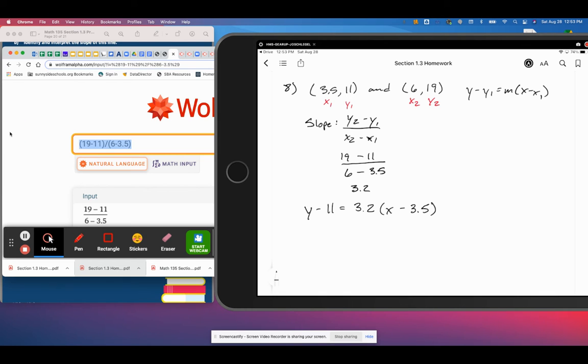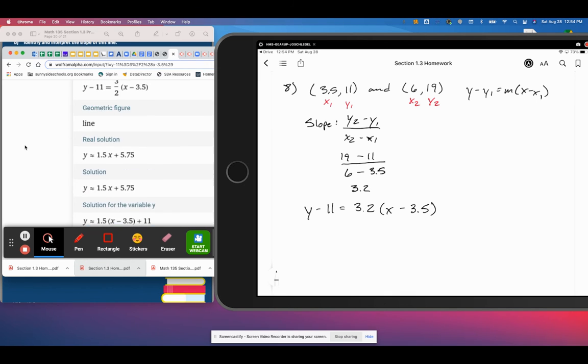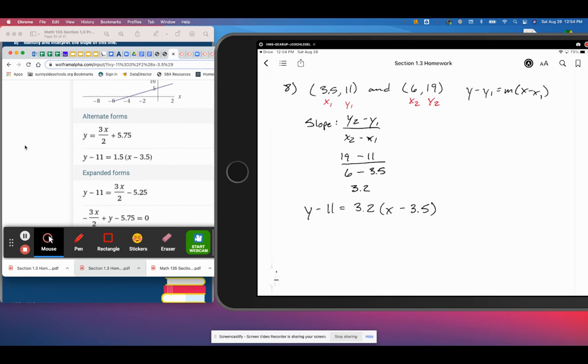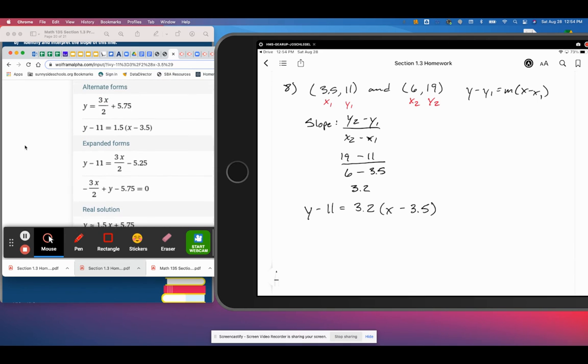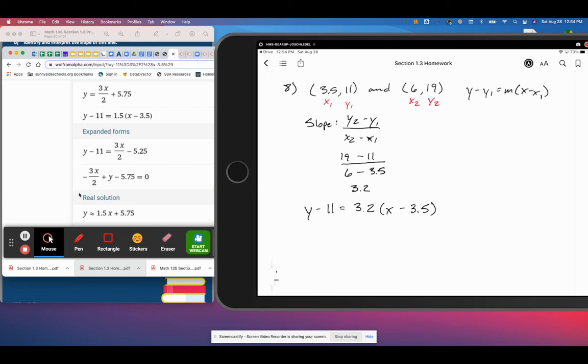I am always, as I mentioned previously, going to put that back in Wolfram and get it to turn it into an alternate form of slope-intercept form for me, because I prefer slope-intercept form. Here we can see the alternate form is, which one do I want? Right. I could take any of these.